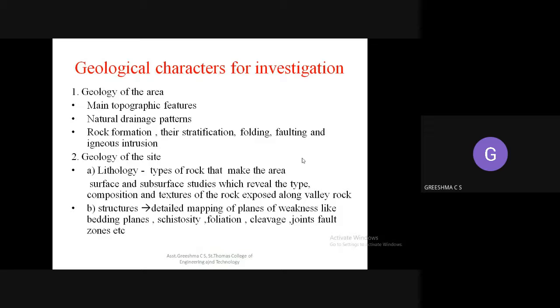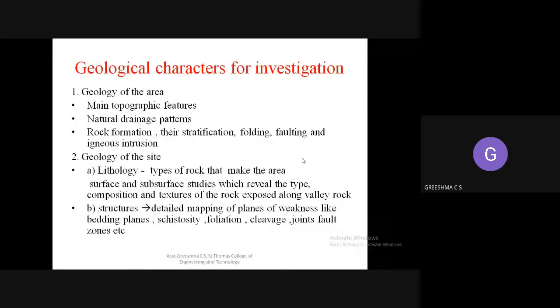Folding, if there is any folding, has to be studied. Faulting, if there is any, you also have to study, and you have to see whether it has any igneous origin, whether igneous rocks are involved or not. So that we can study the existence of magma or some kind of earth crust over there.